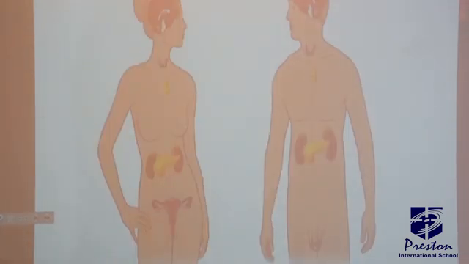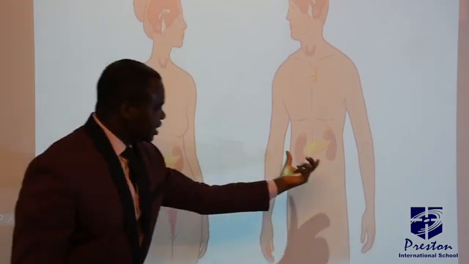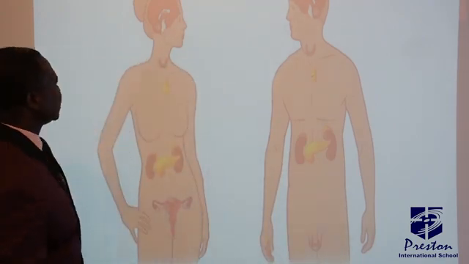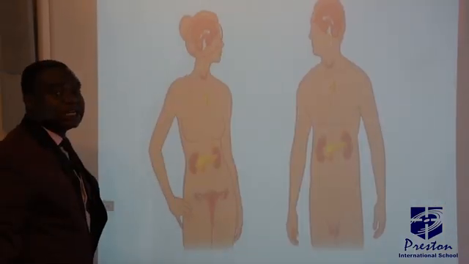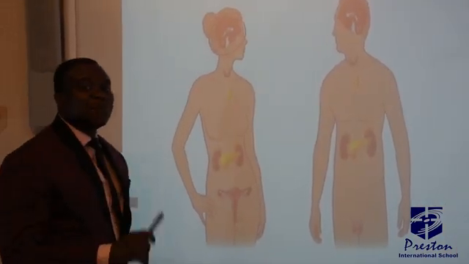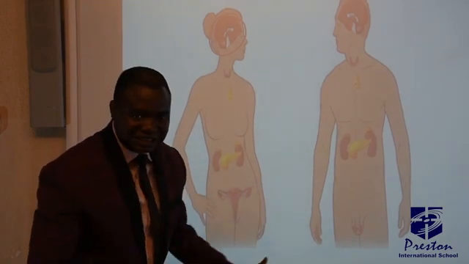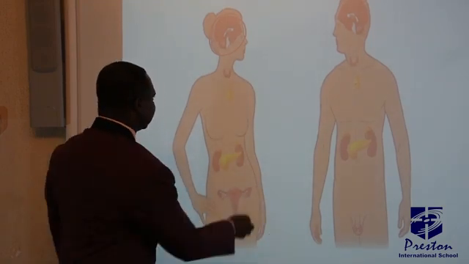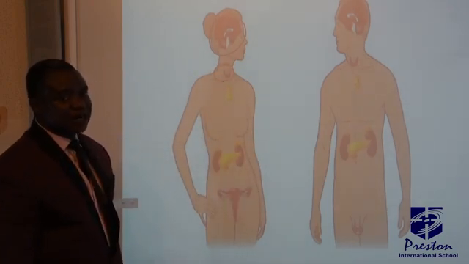And more so, largely, this represents a woman, this represents a man. I want to quickly mention that we have some gland here, which is basically the pituitary gland. That is what we call the master gland. It's in charge of all other endocrine glands in the body of animals. Then at this junction, we have, like I said, thyroid gland and parathyroid gland.